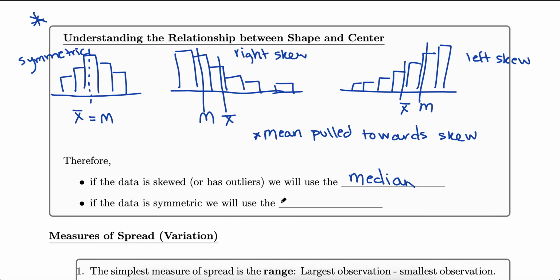So when you have skewed data or outliers, use the median because it will not be influenced by the skewness or the outliers. If the data is symmetric, we're going to use the mean. It might seem strange. You might say, well, can't I just use either one? Because they're going to be basically the same. But the mean has a lot of nice properties, so we'll use the mean when the data is symmetric.